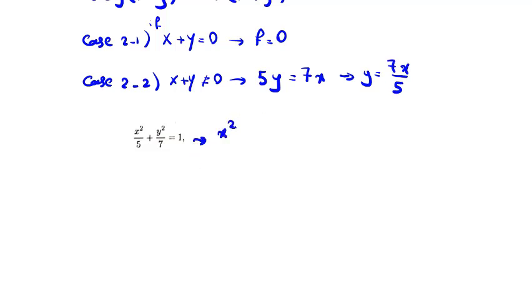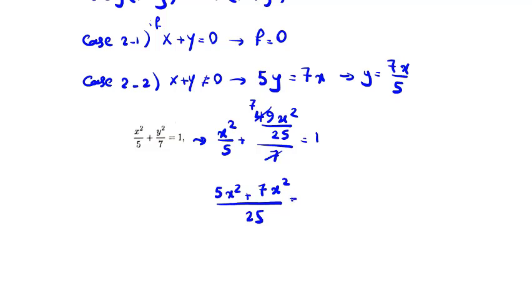Now x squared over 5 plus 49x squared over 25 over 7 equals 1. You cancel, it will be 7. And then it's 5x squared over 25 plus 7x squared over 25 equals 1.